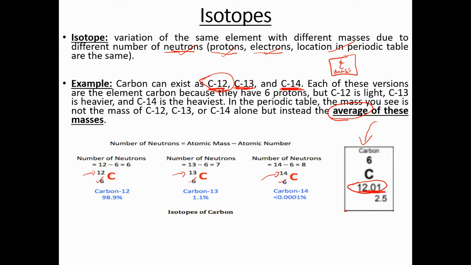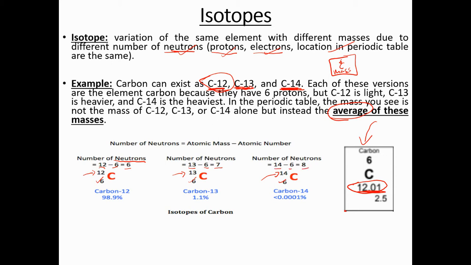As a result, they'll have the same number of electrons. But again, their masses are going to be different, and that's because of the number of neutrons. To find the number of neutrons, we just do our mass minus our protons. So 12 minus 6, 6 neutrons for carbon-12. For carbon-13, we're doing 13 minus 6, so 7 neutrons. And for carbon-14, 14 minus 6, so 8 neutrons.